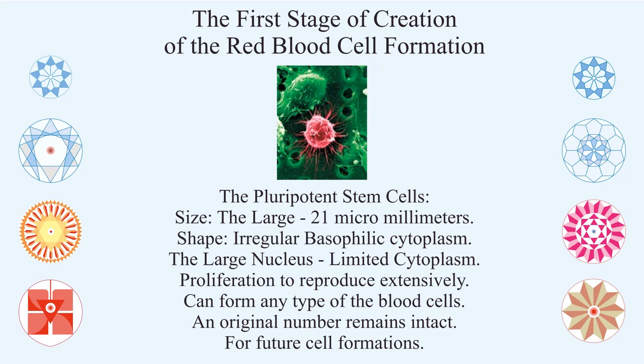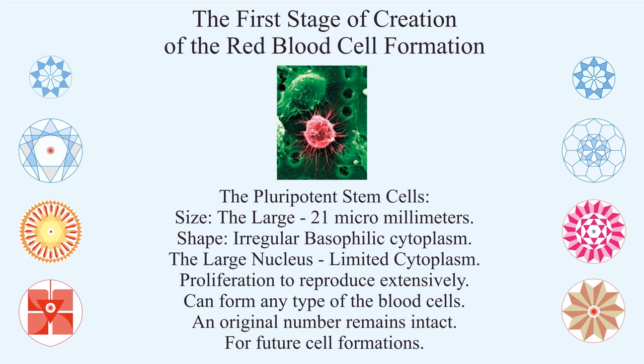The first stage of red blood cell formation comes with pluripotent, totipotent cells, from which everything is originated. This size is large, 21 microns, and it is found in bone marrow. Shape is irregular, with basophilic cytoplasm.